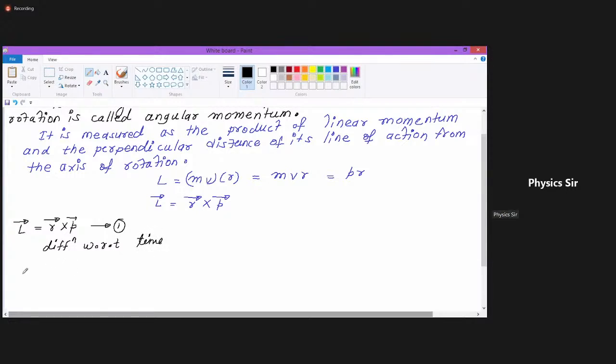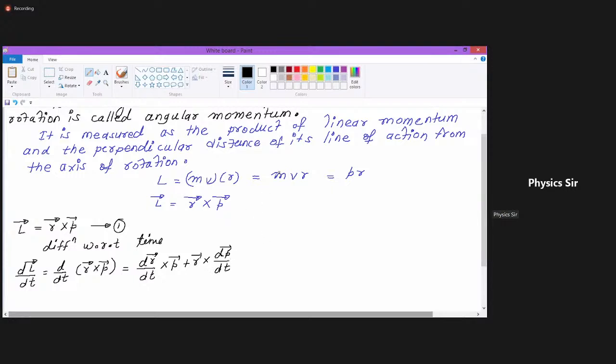So d vector L by dt is equal to d by dt of vector r cross vector p, which can be written as vector dr by dt cross vector p plus vector r cross d vector p by dt.